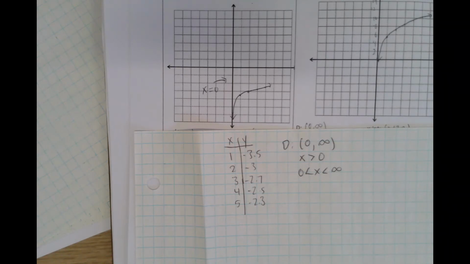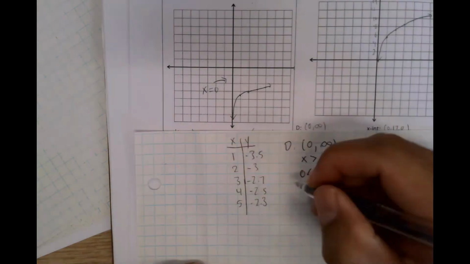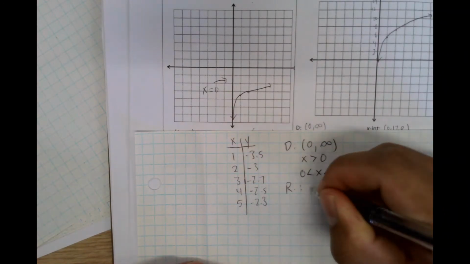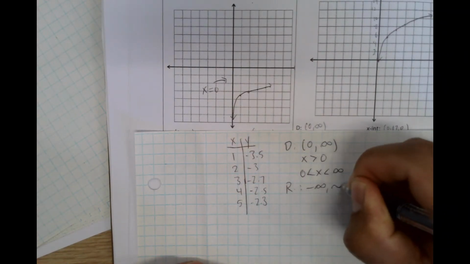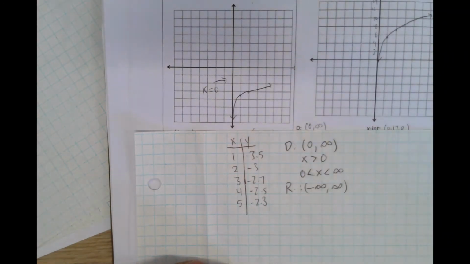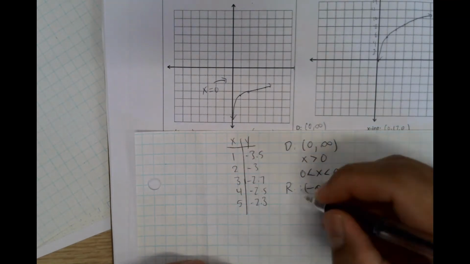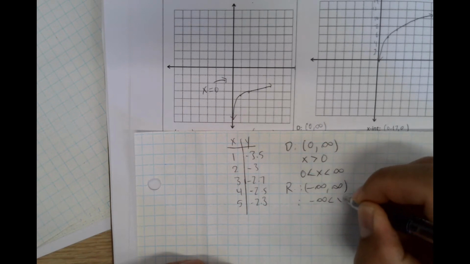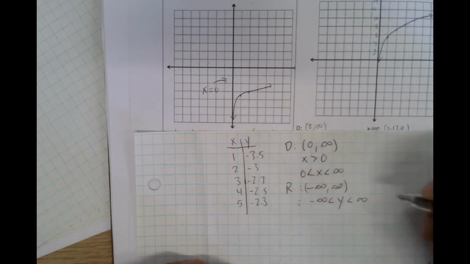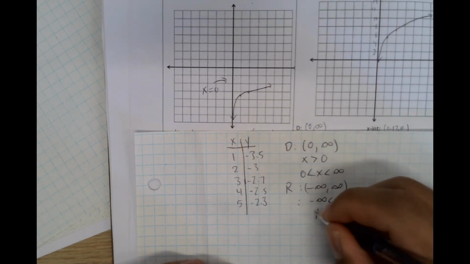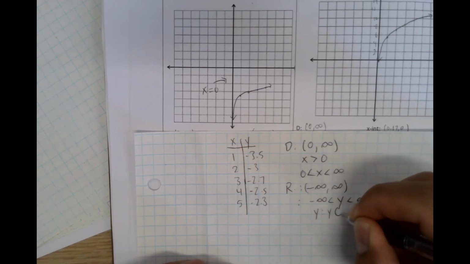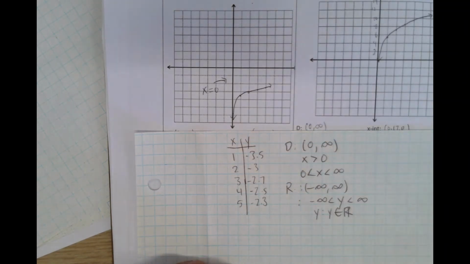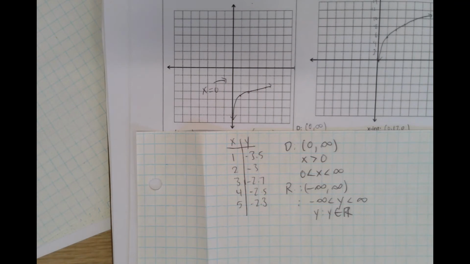So since there's no limit to the y values, you could say negative infinity to infinity, like so. So that's interval notation. You could also say negative infinity is less than y, which is less than infinity. Or you could say y is the set of all real numbers. Okay. So any of those three, again, are okay.